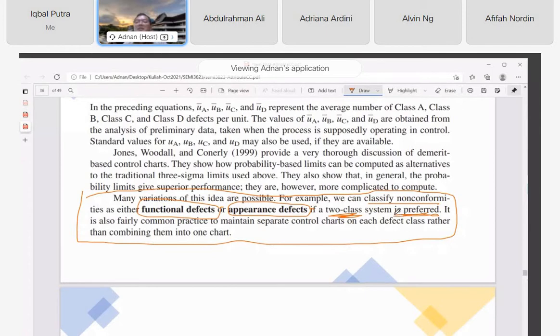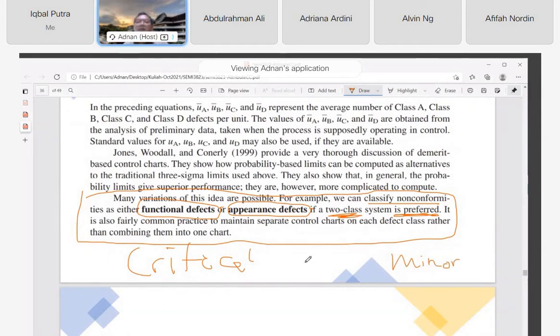in practice. Operator maybe have difficulty kalau kita beri banyak sangat kelas, dia nak decide which class. Kalau kita kata okay, you kelaskan yang serious, yang memang functional effect tak boleh pakai, you kelaskan sebagai critical. The other one is minor, di mana appearance saja. Kalau kita nak lebih accurate, kita kata okay, tambah satu lagi, anything in between critical dan minor.